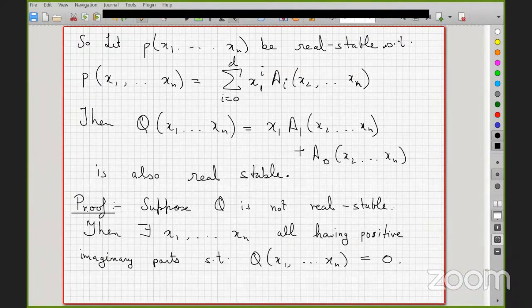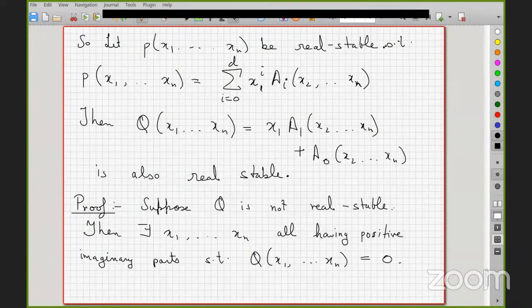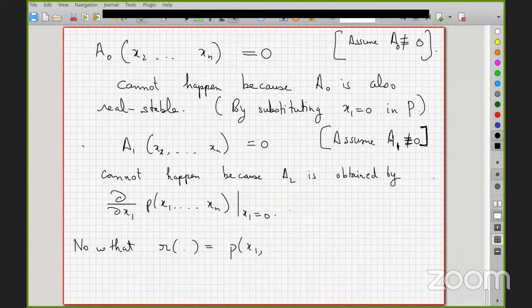So if I put x2 to xn in the upper half plane, this univariate polynomial that I'm getting, this polynomial R(x1), which is just given by P, has no roots in the closed upper half plane.